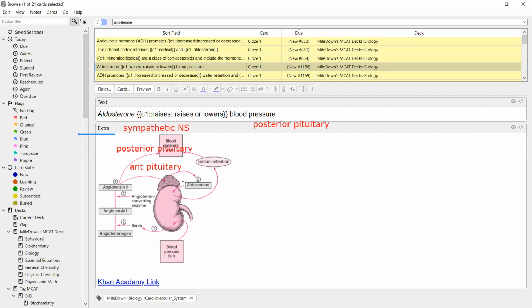Aldosterone is through the renin-angiotensin system. This is a whole other system, where blood pressure, controlled through the renin system, leads the adrenal cortex to produce aldosterone.